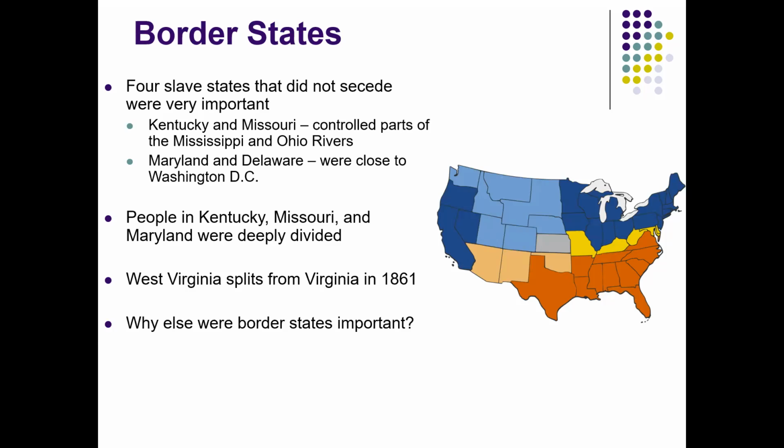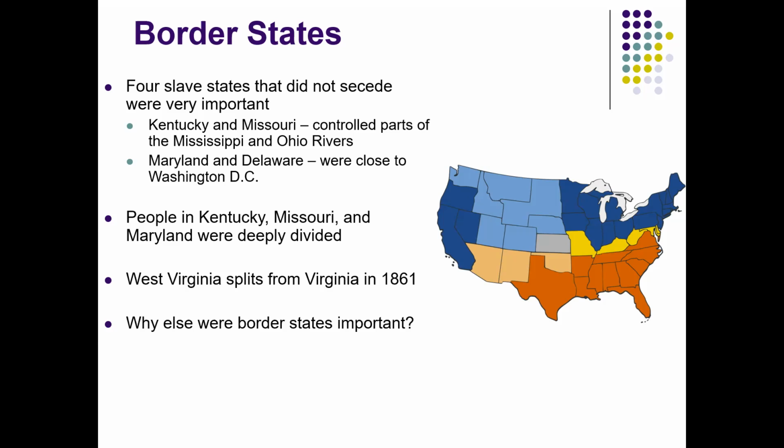It was important to keep those 2 states as part of the Union so that they could transport troops around, especially into some of the areas of the West where there was fighting. And then Maryland and Delaware were obviously very close to Washington, D.C., so this was also strategically important. If they would have lost Maryland and Delaware, it would have been very difficult for the Union, the North, to keep Washington, D.C. as its capital.